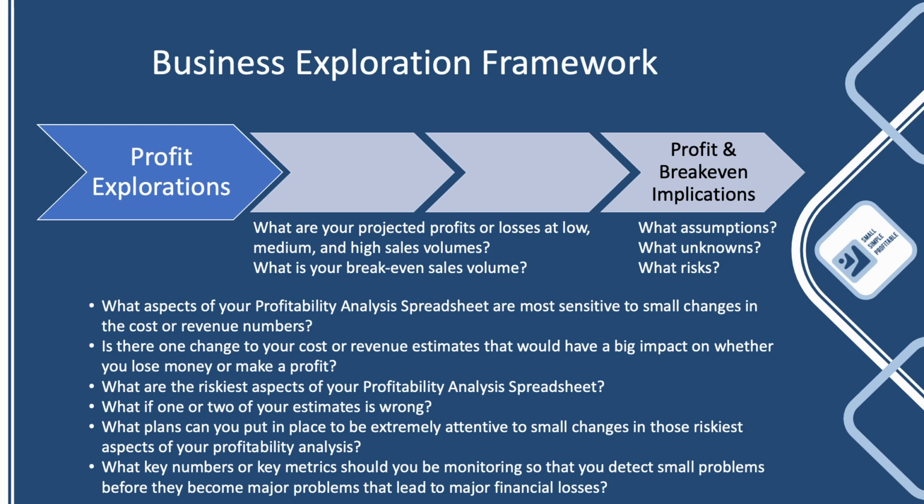What if one or two of your estimates is wrong? What plans can you put in place to be extremely attentive to small changes in those riskiest aspects of your profitability analysis? What key numbers or key metrics should you be monitoring so that you detect small problems before they become major problems that lead to major financial losses?